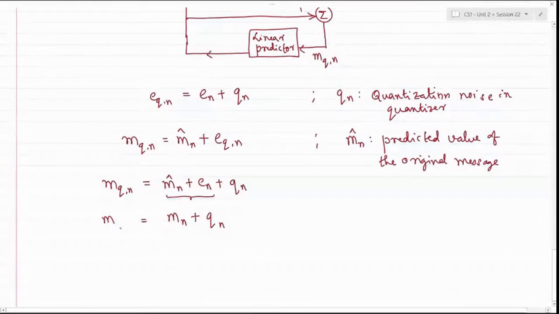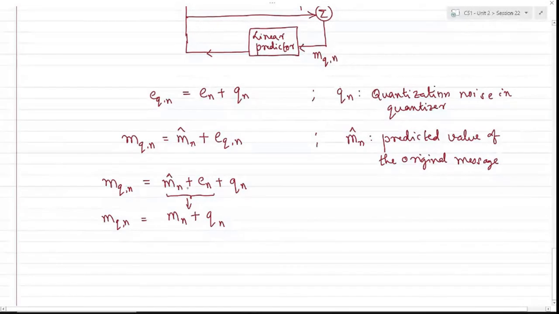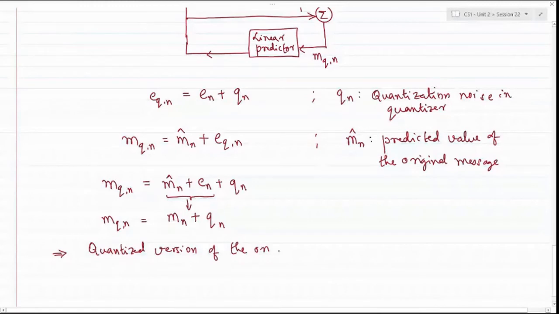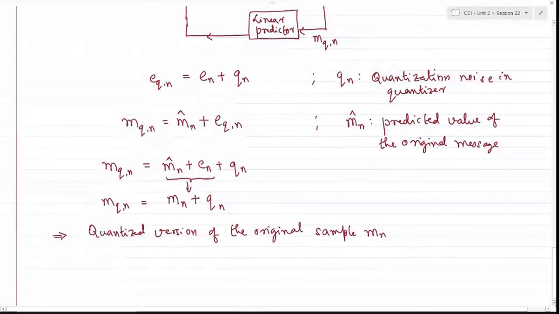And hence this final expression demonstrates that the input to the linear predictor is actually the quantized version of the original message signal, the original sample to be specific.